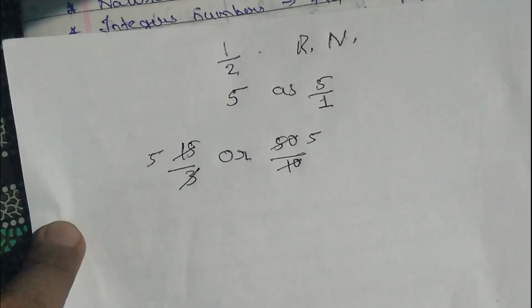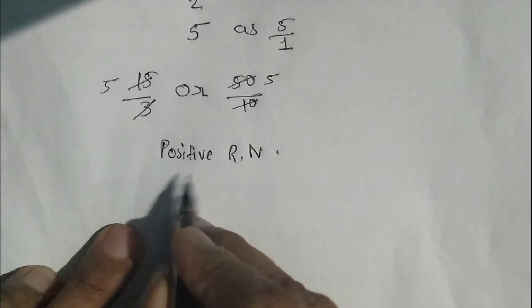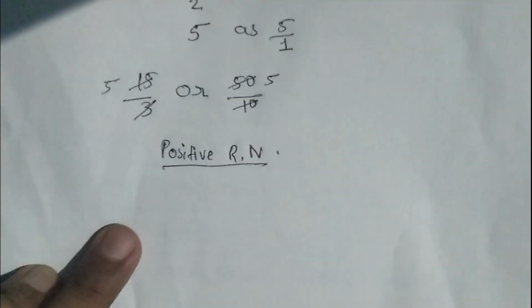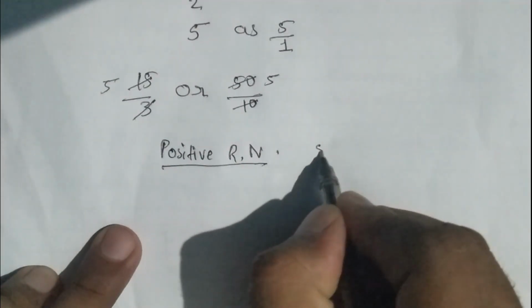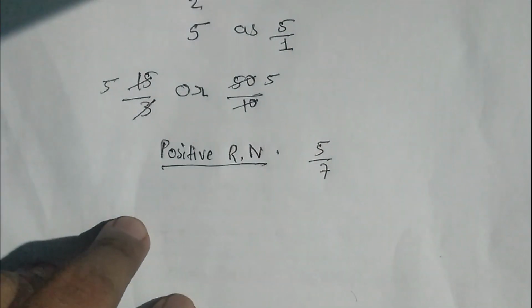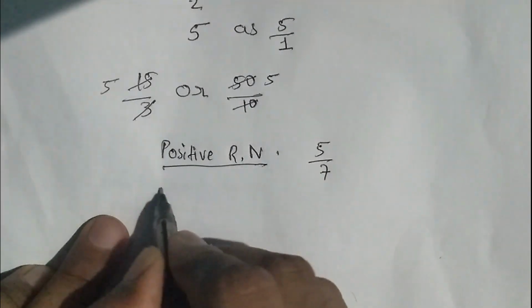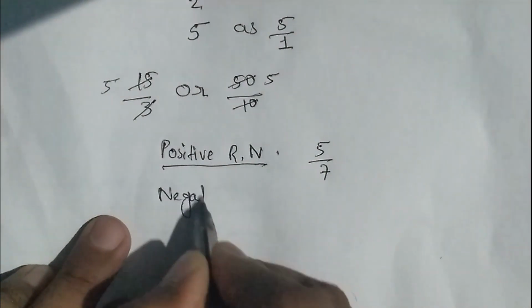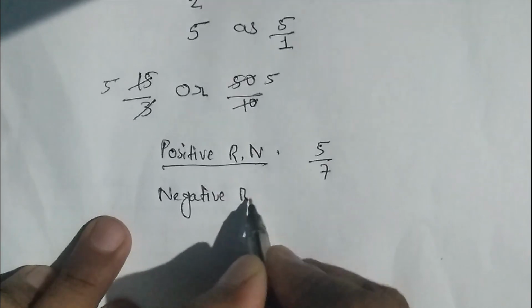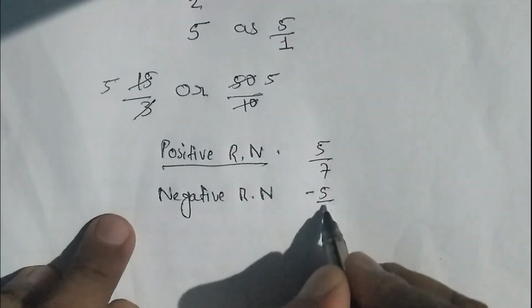Let's see a few examples of it. For positive rational numbers, if I write 5 upon 7, this is a positive rational number. Whereas for a negative rational number, let's take the example of minus 5 upon 7.